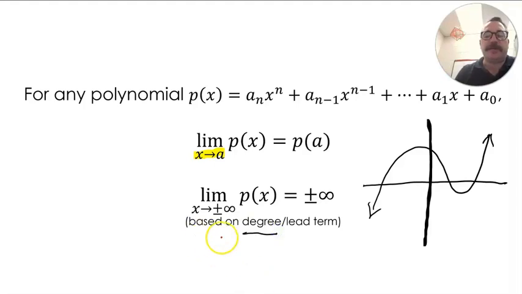So the degree of a polynomial is the highest exponent that appears.